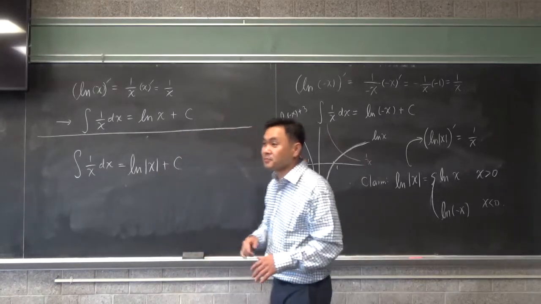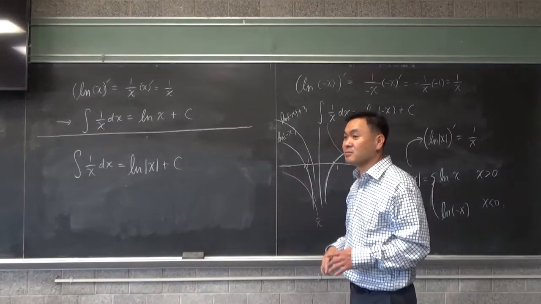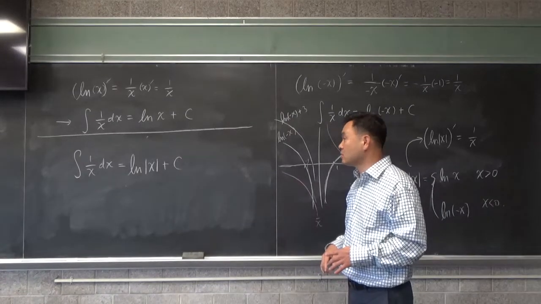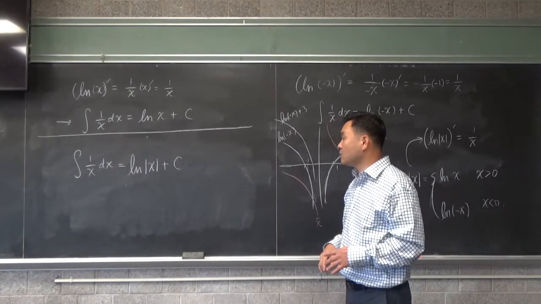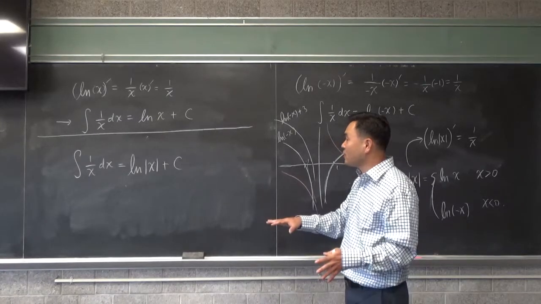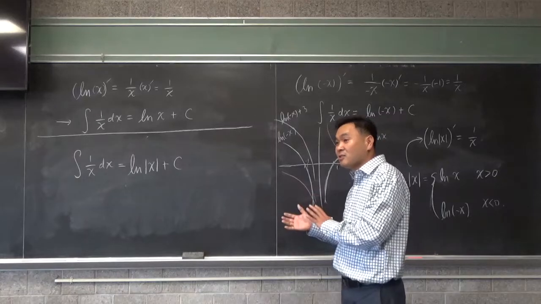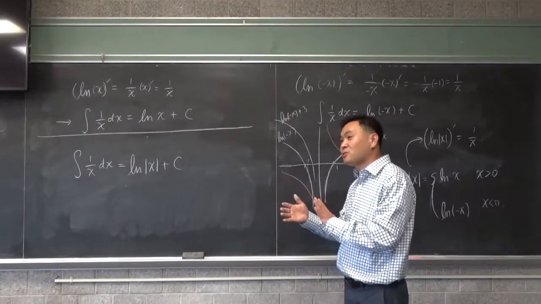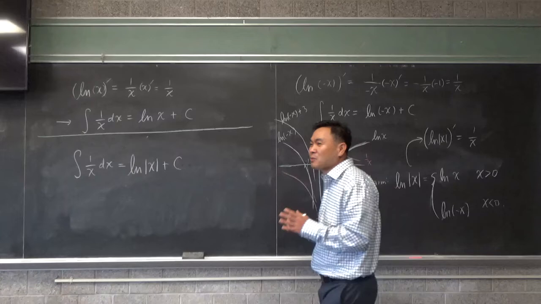So if you're trying to find the antiderivative of anything and your result has a log, you put the absolute value. Well, there are some exceptions.